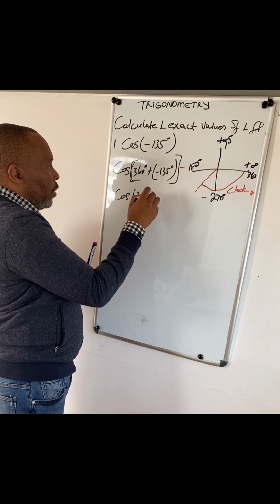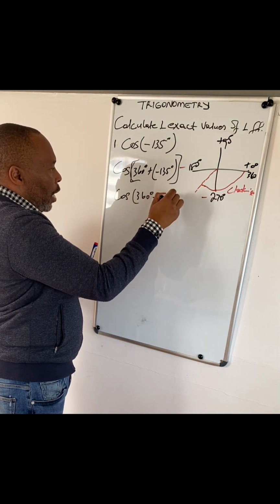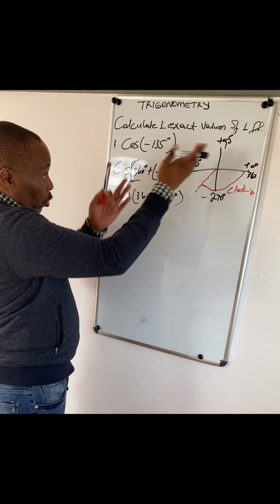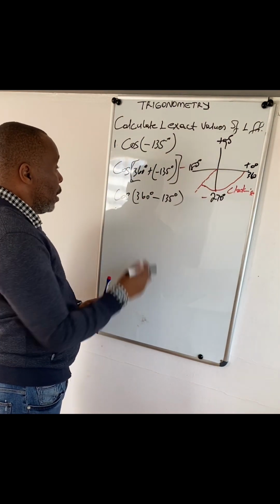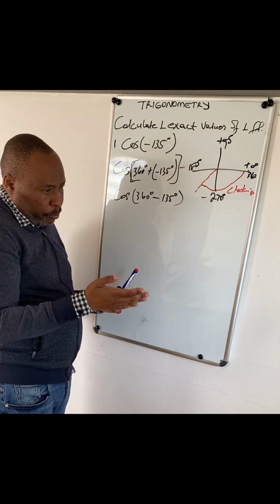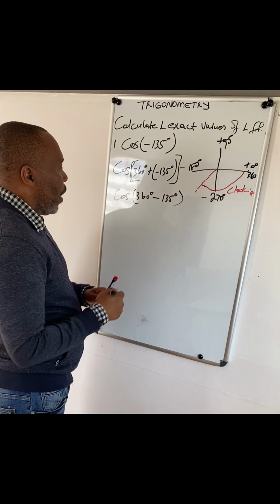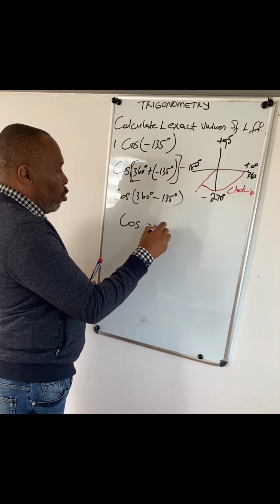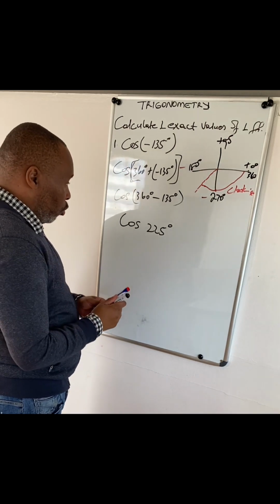Positive times negative, it's negative 135 degrees. So you can go to your calculator because you are not restricted from using a calculator. Say cos of 360 minus 135. 360 minus 135, then you are left with cos 225 degrees. This is cos 225 degrees.